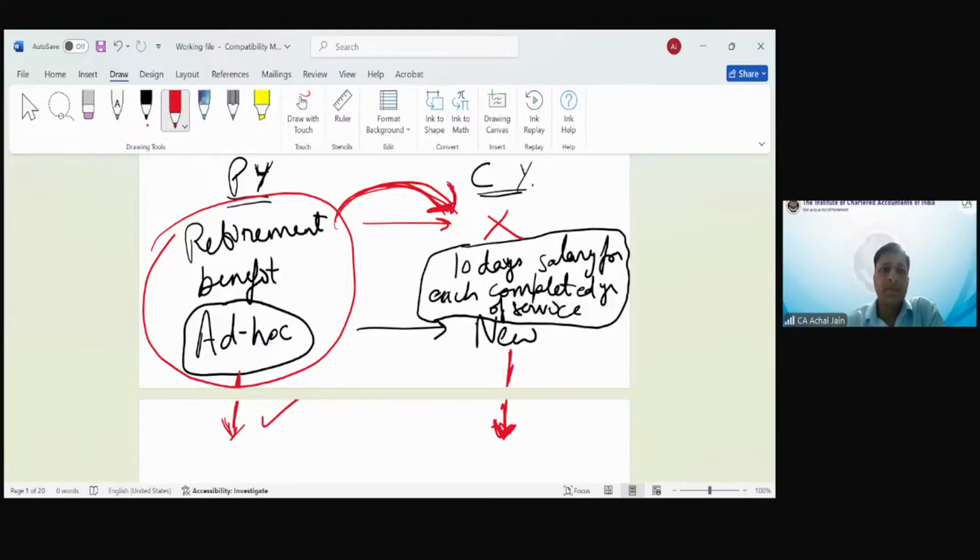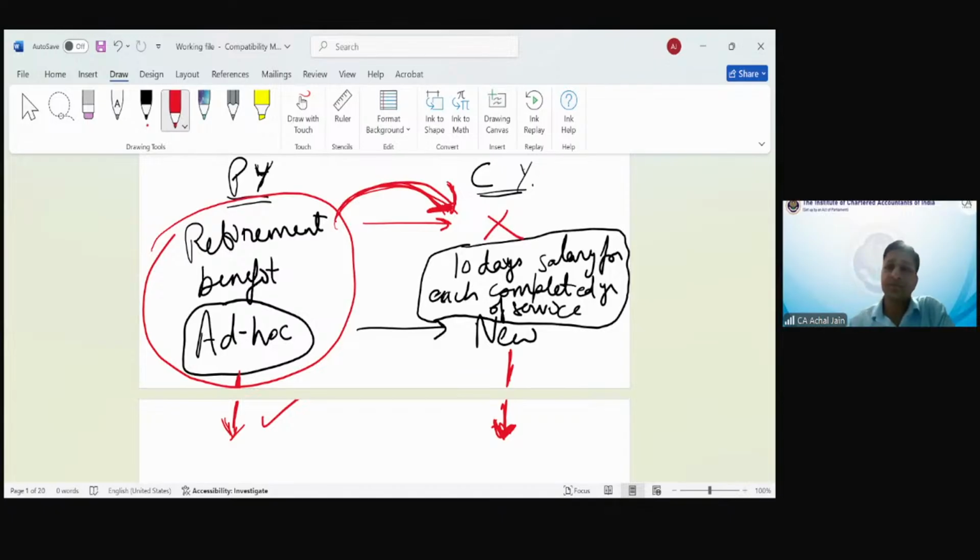That is when you call it as change in accounting policy. Why? Because for the same employee benefit, for the same transaction, accounting was done in a different manner in the previous year as compared to current year. That is a change, right?